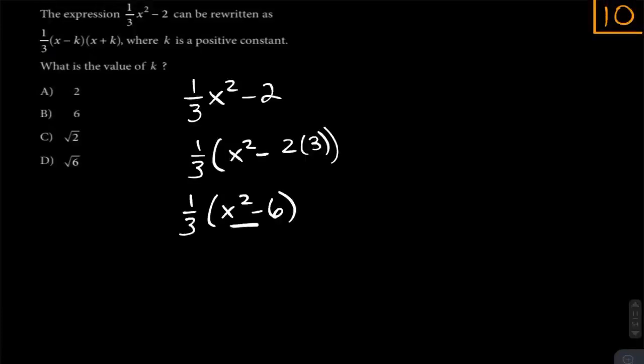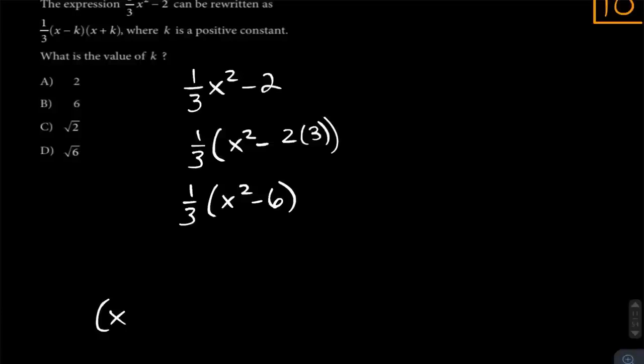Awesome. And now we have something. I know it doesn't look like a difference of perfect squares, because 6 isn't a perfect square. But our values of k aren't all perfect squares either, like square root of 2, square root of 6. That's not going to be nice. So we bring up the whole x squared minus 4 thing from earlier. But what if we had something like x squared minus 6, what happens then?